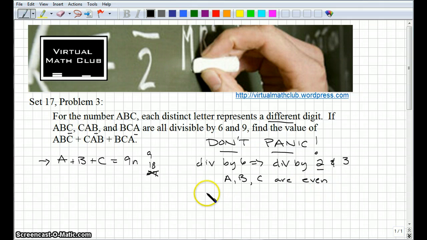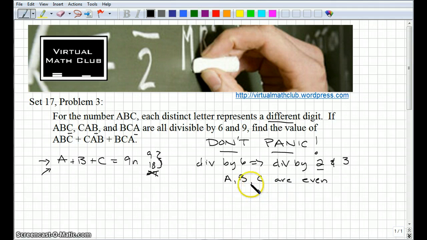Well, what does that tell us? Does that have any implications over here? If A, B, and C are all even, and they also add up to a multiple of 9, does that help us narrow down which of these two possibilities it is? And the answer is yes, because if you add up even numbers, you get even numbers. 2 plus 4 is 6.